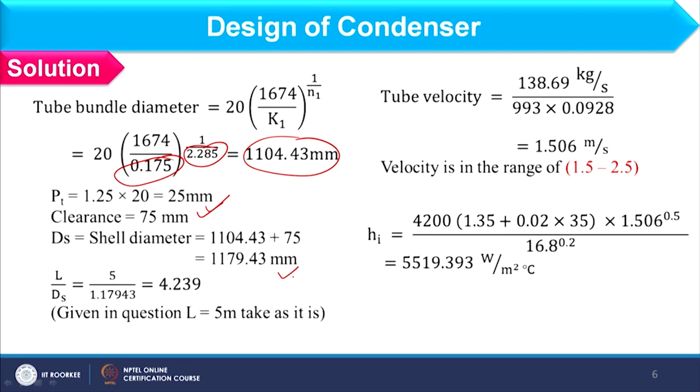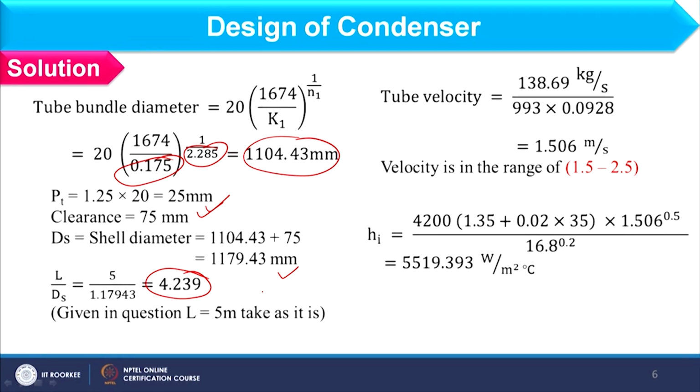Considering this shell diameter, you can find out the L by D ratio; it will be less than the previous value, and it is again not in the optimum range. But for now we are considering this as it is.